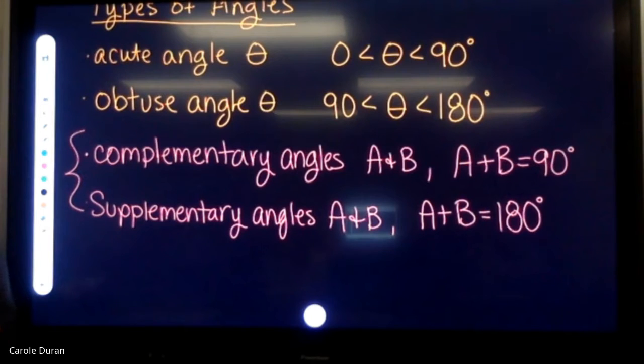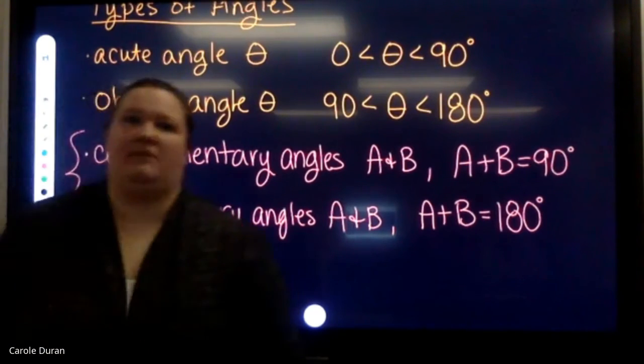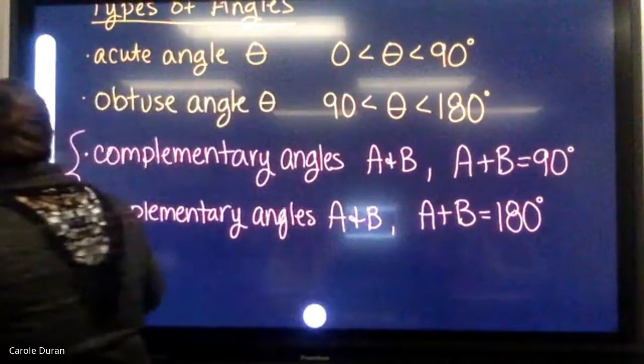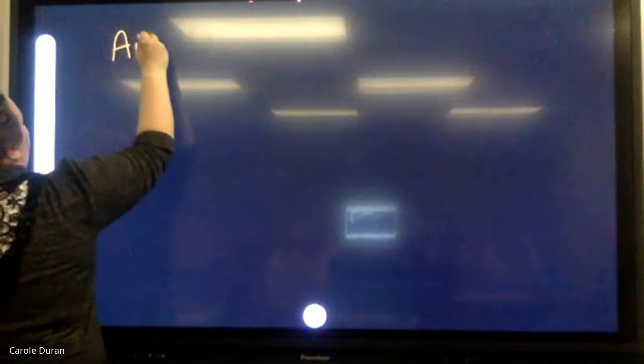So before we can actually do anything with complementary and supplementary angles, we need to identify the different ways that an angle can be measured or written, okay? So obviously we are most familiar with angles written in degrees, right?